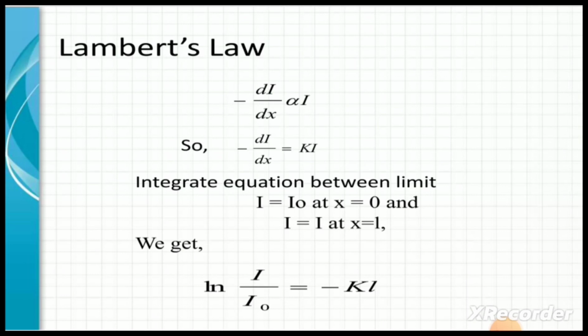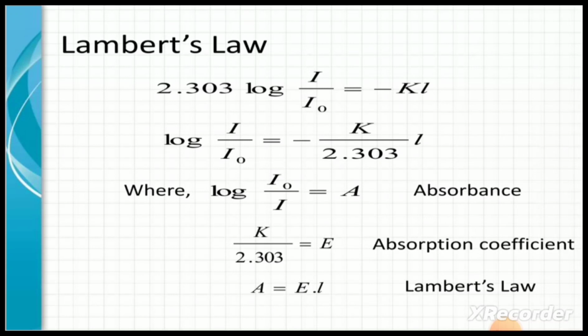Integrate the equation between limits I equals I0 at x equals 0 and I equals I at x equals l. So ln I upon I0 equals minus kl. Then 2.303 log of I upon I0 equals minus kl, so log I upon I0 equals minus k upon 2.303 into l.